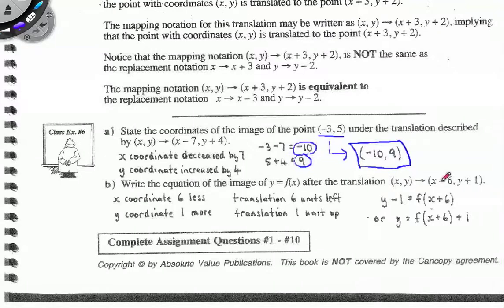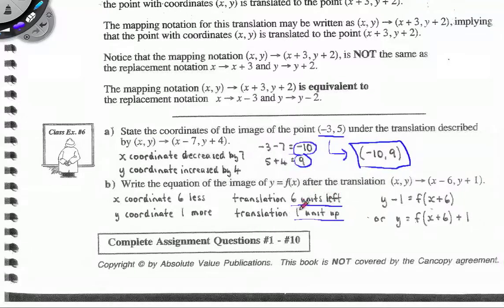So the x value is going to the left. So x coordinate is 6 less. So it's a translation 6 units to the left. What's happening here is the y is getting bigger. So it's 1 unit up. This point, the x has got less and the y has got more.